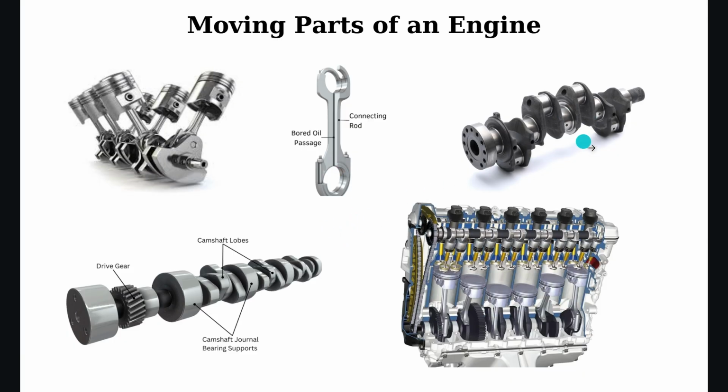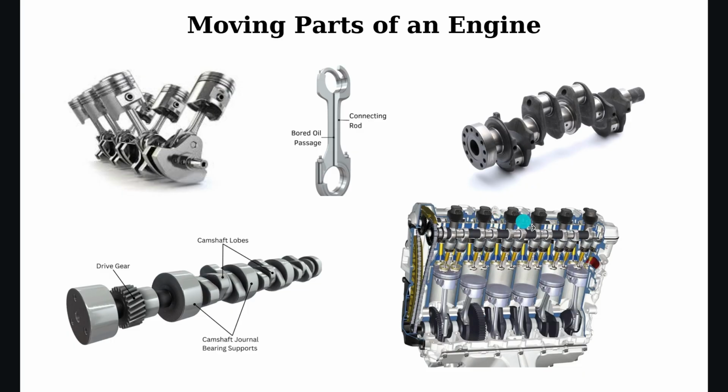Now let's talk about the crankshaft. The crankshaft is one of the most important moving parts in the engine. Its main function is to convert linear motion into rotational motion. This means it takes the up and down movement of the piston and turns it into circular motion.